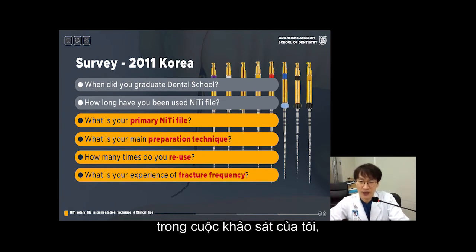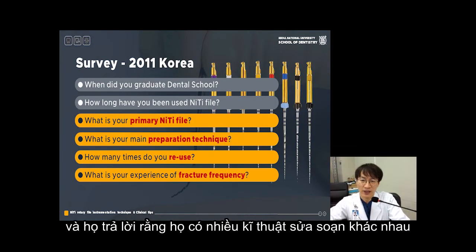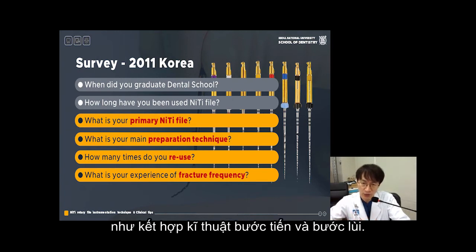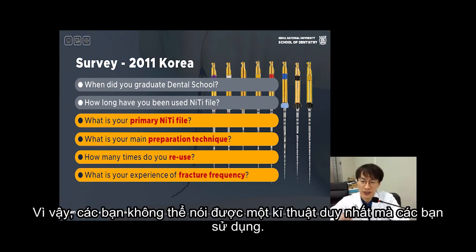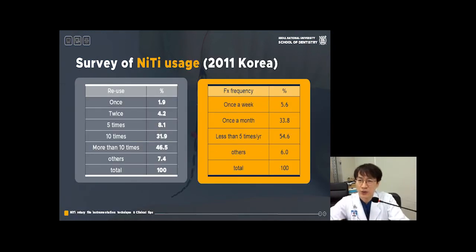And at that time, in my survey, I asked what their preparation technique is. They answered that they have a variety of preparation techniques, like a combination, crown-down, or shaping up. So you cannot really say one technique that you use, but at the same time you have a problem with how many times you reuse the file.